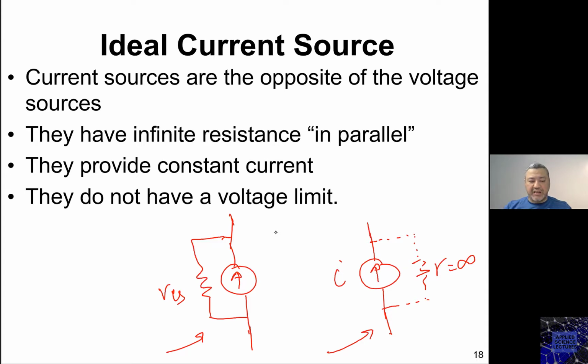So as I said, ideally we will be treating this resistance as infinity, with no internal dissipation. This non-ideal current source has an internal resistance and some dissipation inside, which you can see in different forms of dissipated energy. Heat is one of them.